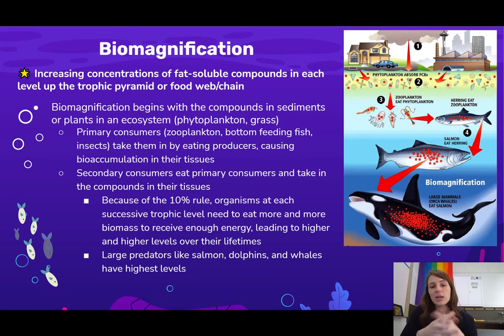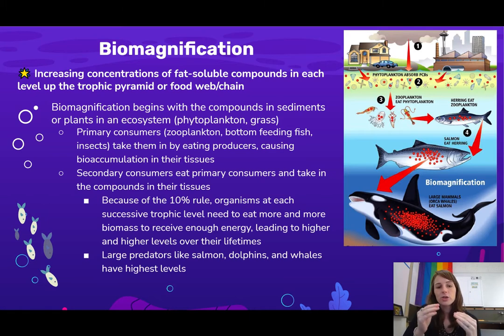Now, biomagnification is going to originally begin with compounds such as POPs or PCBs. These compounds are going to be in sediment or plants in the ecosystem, like grass or phytoplankton, which are the little planktonic organisms that do photosynthesis in our ocean or aquatic ecosystems.